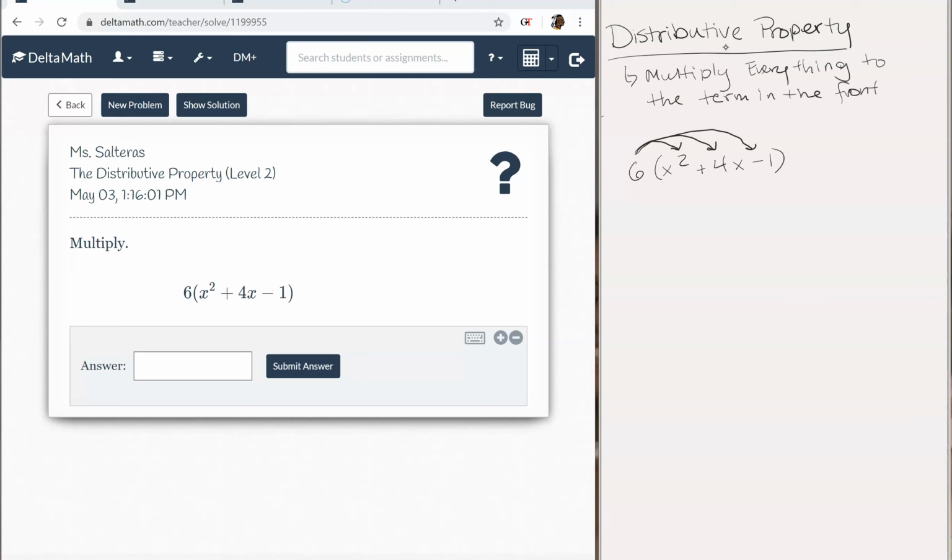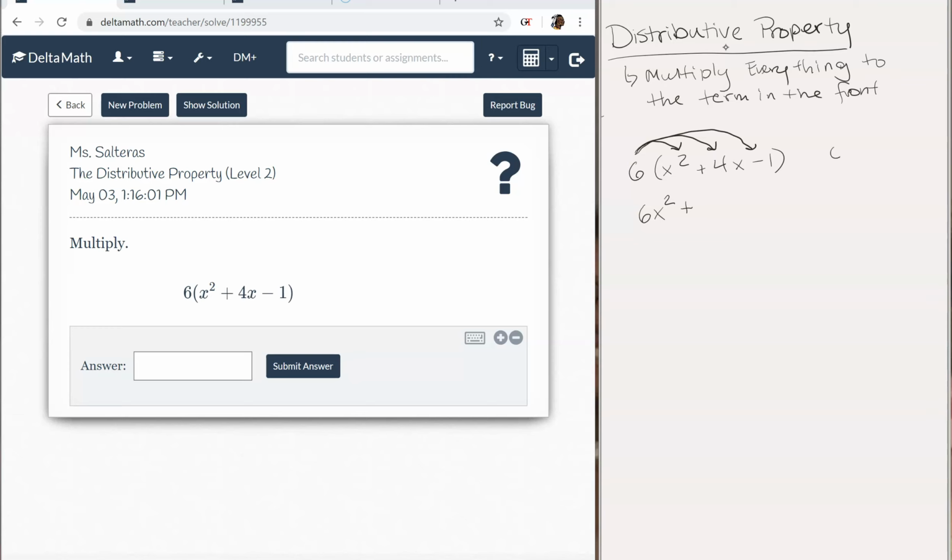All right, so 6 times x squared. Well, there's no numbers to multiply, and x squared and 6 are not like terms, so you're just multiplying them together. So just put them together. So 6x squared. You don't know what x is. All right, so 6 times a positive 4x, so we know it's going to be a positive number.